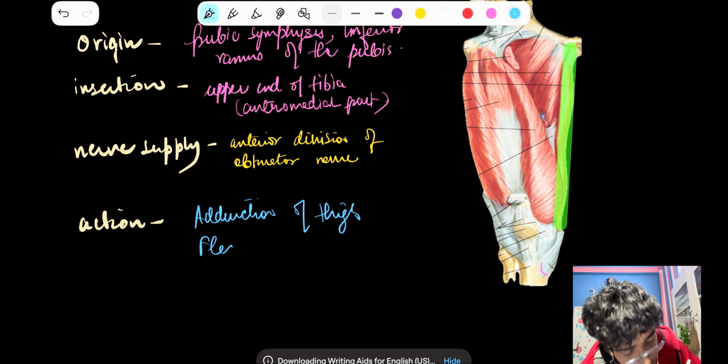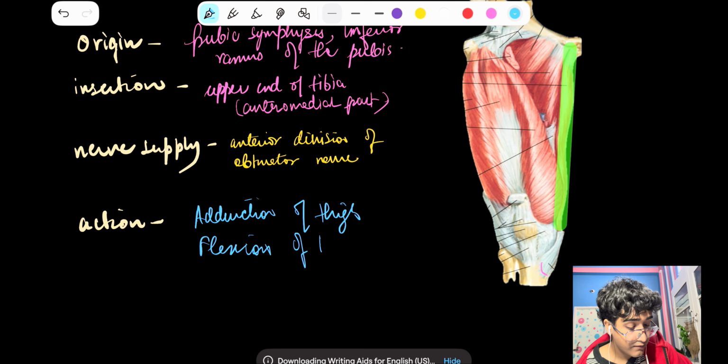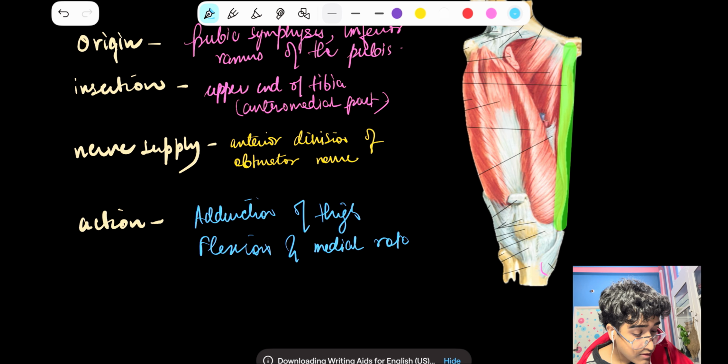It helps in flexion because it gets inserted into the tibia, not the femur itself. So it helps in the medial rotation as well as the flexion of the leg.